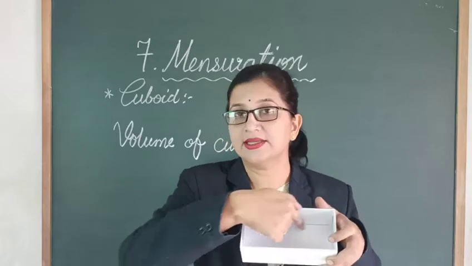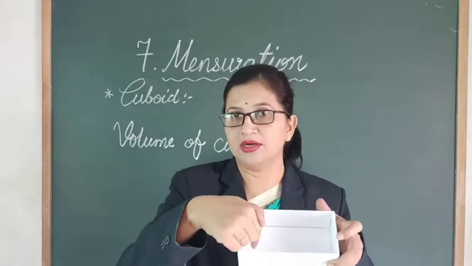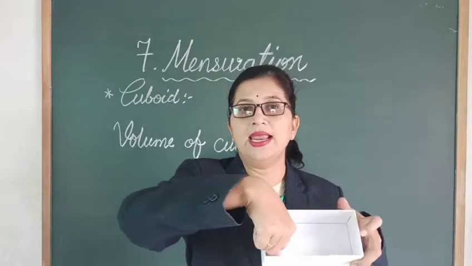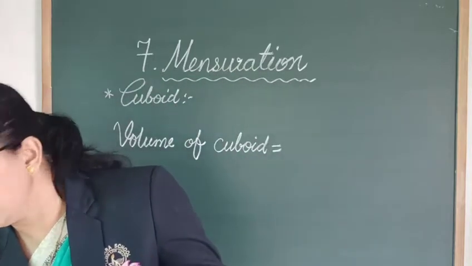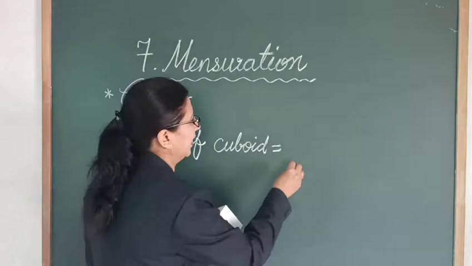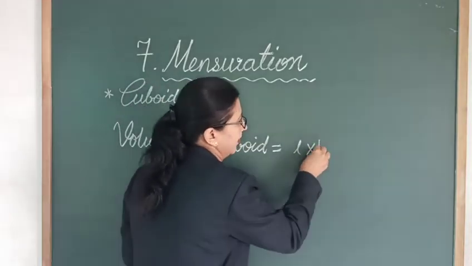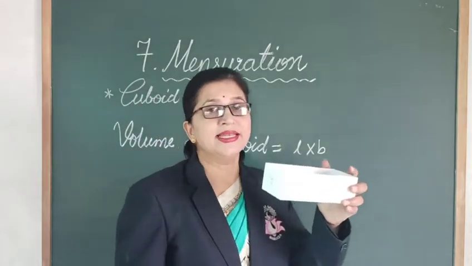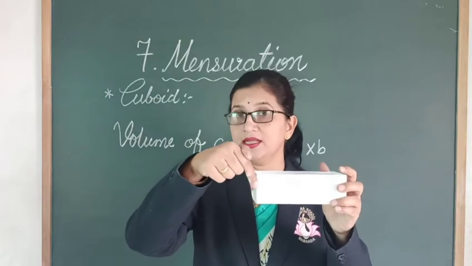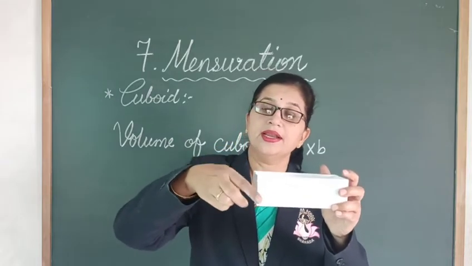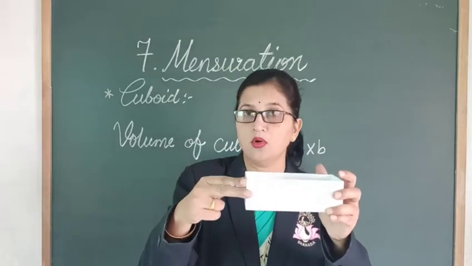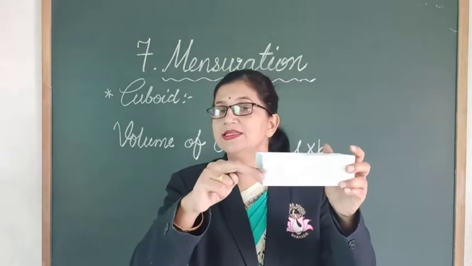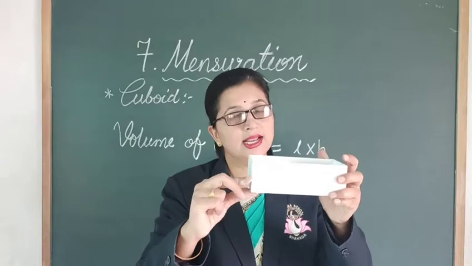That is the base, which is rectangular, so its area will be length into breadth. At the same time it depends upon the height also. If the height of this box is more, then it will hold more water; if height is less, then it will hold less water.